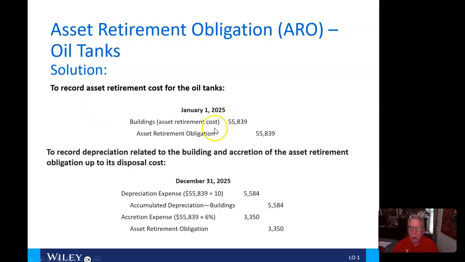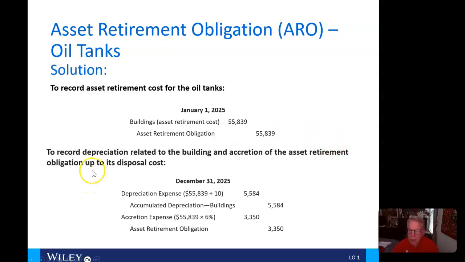Okay, so to record the initial costs of the ARO, we are going to record that present value of $55,839, and the credit is going to be to a liability called asset retirement obligation.